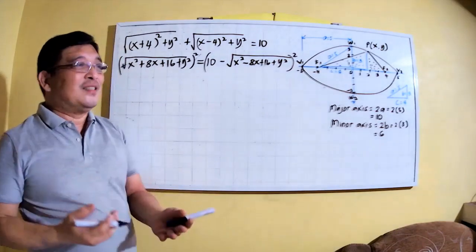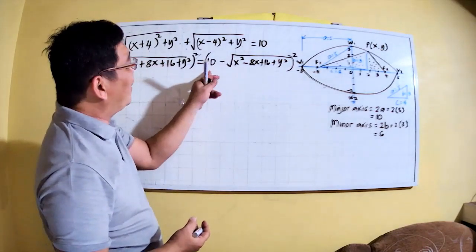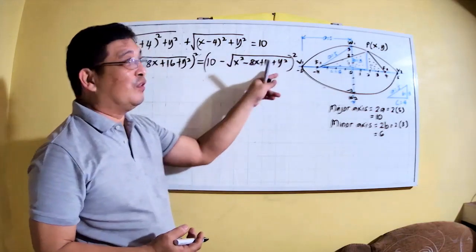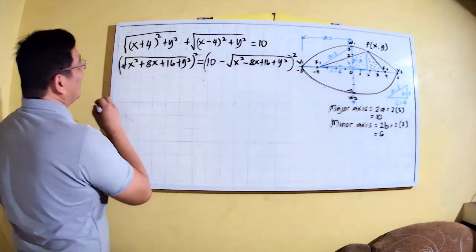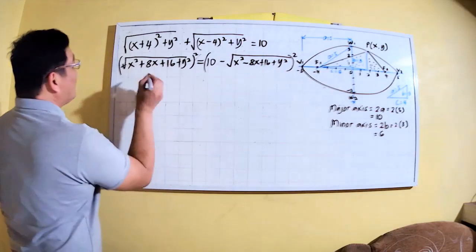So what will be next? We're going to expand this again. This one is 10 minus the square root of this one. You're going to use FOIL method here. So let's begin here. Simply copy this inside the radical sign because the radical sign cancels out.